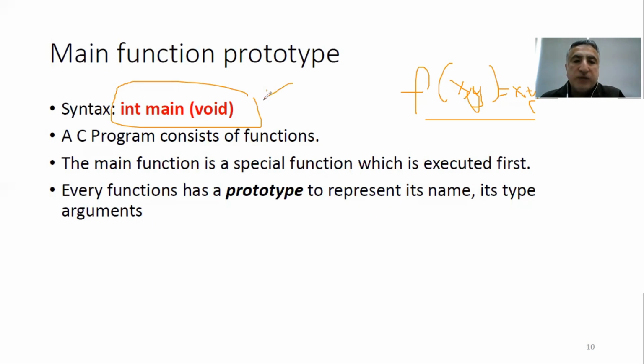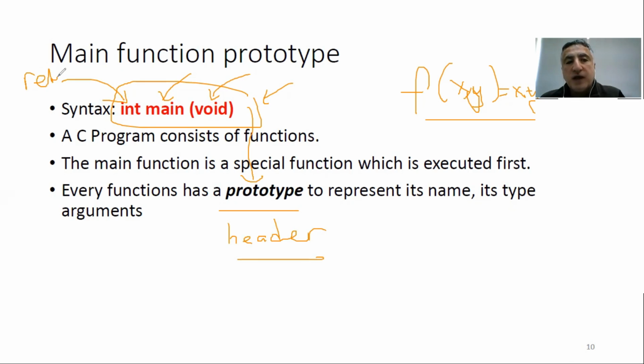I will explain these functions later, but you need to understand this is the name of the function. This is the return data type, and this is the parameter list. Altogether, we call this the function prototype or function header. So in the function header, we have the return data type, the name of the function, and the parameter list.